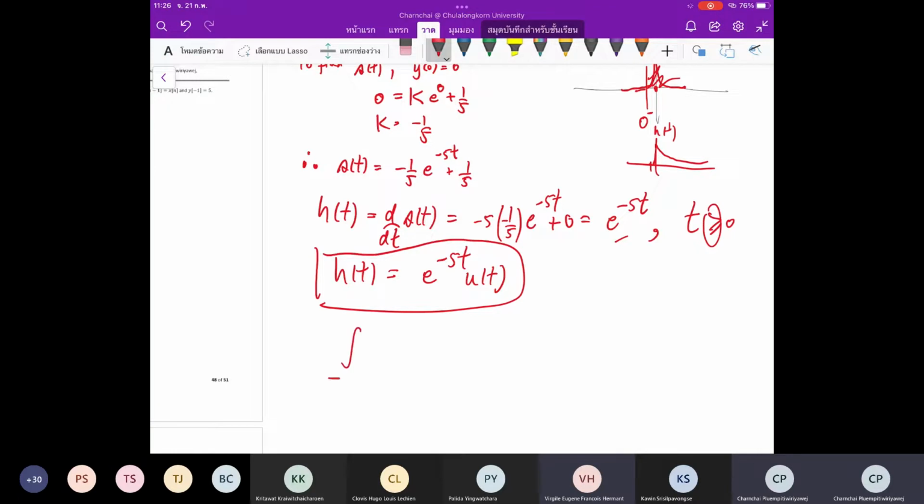If you integrate from negative infinity to infinity the absolute value of h(t) dt, which is the integral from 0 to infinity, because it starts with u(t), of e to the negative 5t, you can see that it's integrable. What is it equal to? It's equal to 1/5.